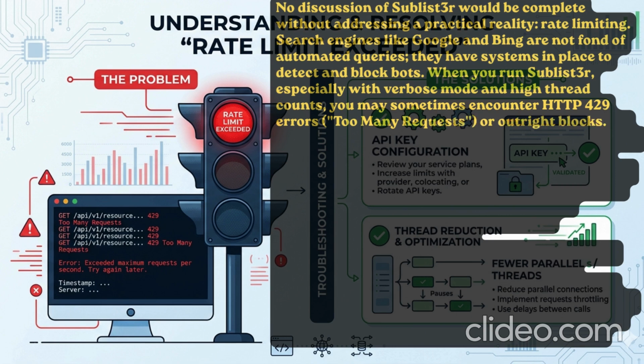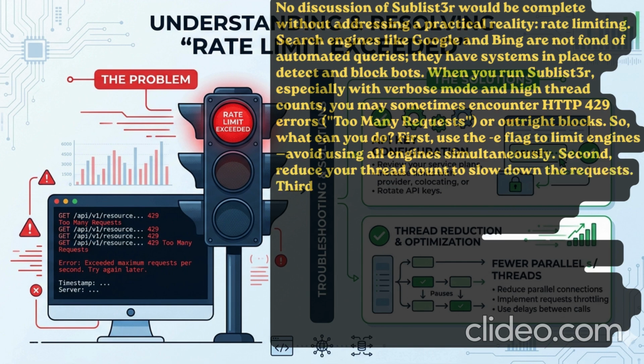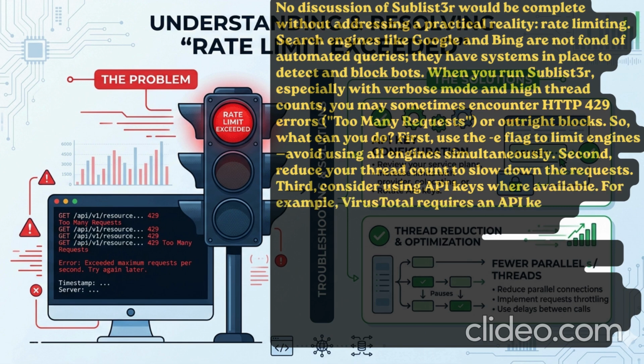First, use the -e flag to limit engines. Avoid using all engines simultaneously. Second, reduce your thread count to slow down the requests. Third, consider using API keys where available. For example, Netlas requires an API key for automated access. You can set this in an environment variable like here.